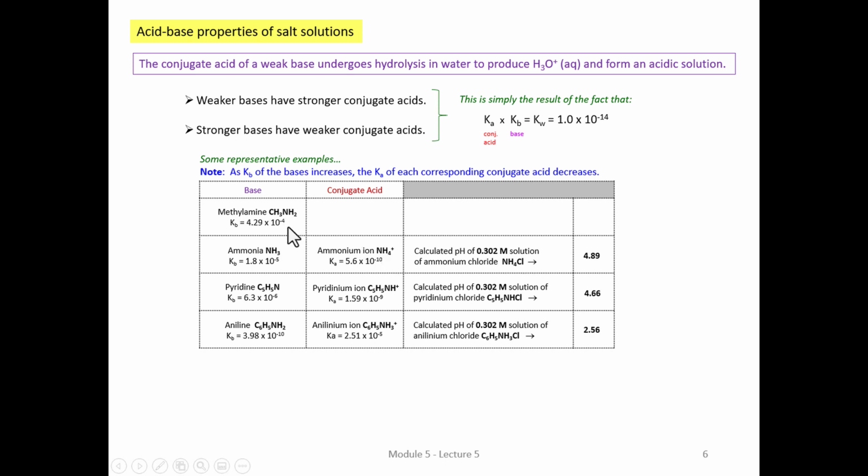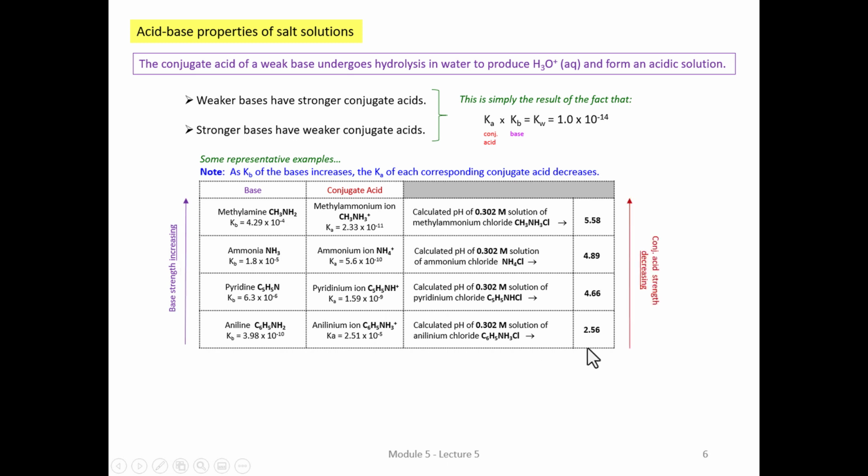And finally, methylamine, which is the strongest base on the list, would have the weakest conjugate acid, and we calculate the pH of the methylammonium ion in water to be 5.58. Still acidic, but certainly less acidic. So we see as the base gets stronger and stronger, the conjugate acid gets weaker and weaker.